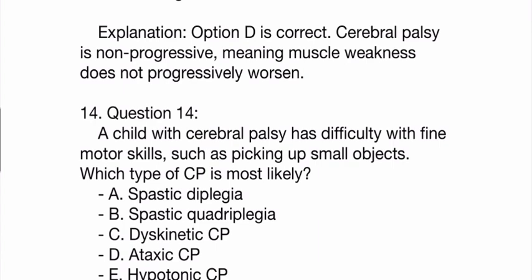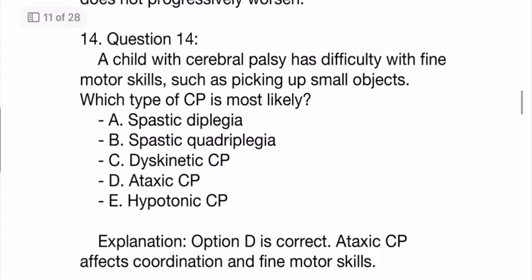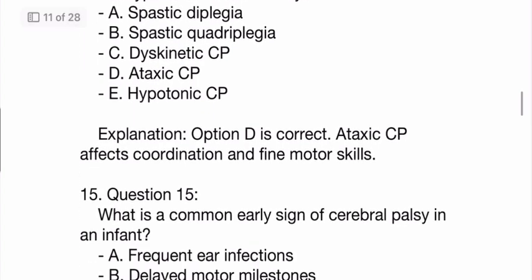C. Dyskinetic CP. D. Ataxic CP. E. Hypotonic CP. The one that will present with difficulty with fine motor skills is ataxic CP. It presents with difficulty with fine motor skills and also balance and coordination issues.